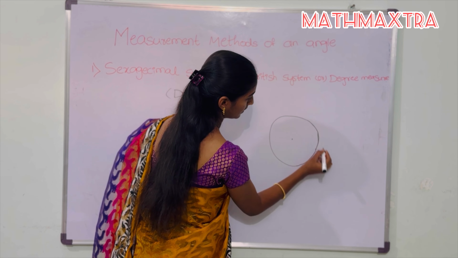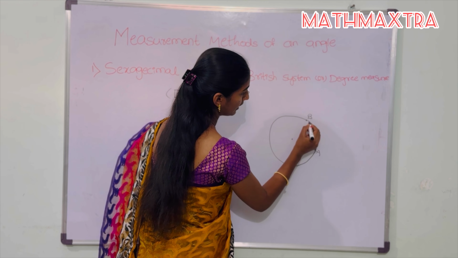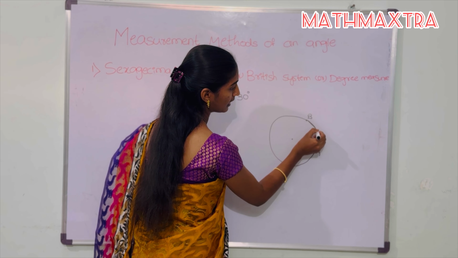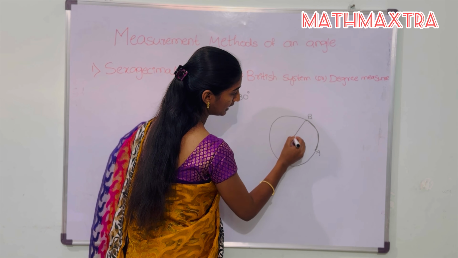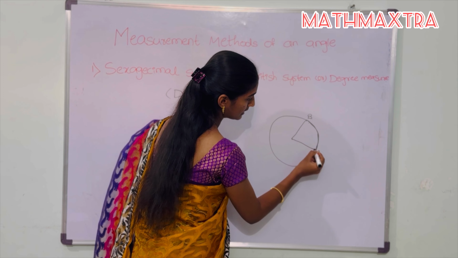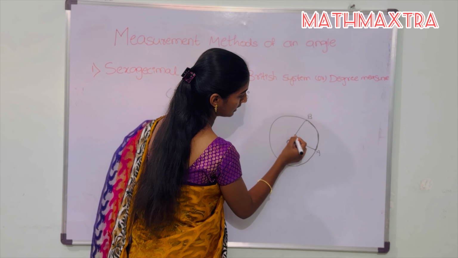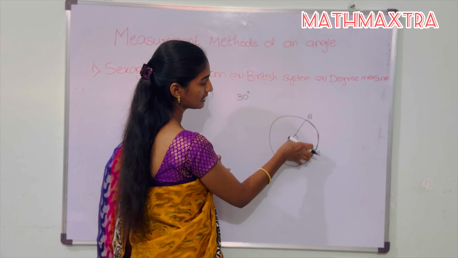This is arc AB. Okay. And an angle subtended by this arc. This arc is subtending an angle at the center of the circle.